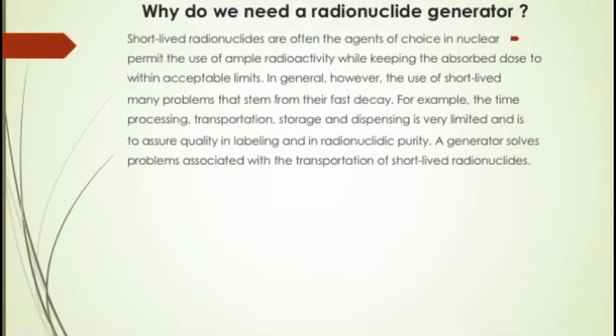For example, the time available for processing, transportation, storage, and dispensing is very limited and is often insufficient to assure quality in labeling and in radionuclidic purity. A generator solves some of the problems associated with the transportation of short-lived radionuclides.